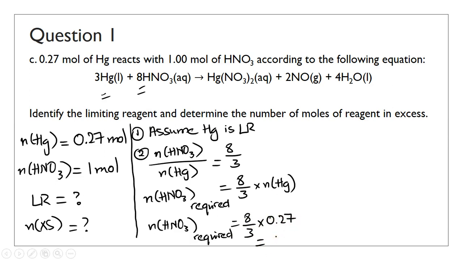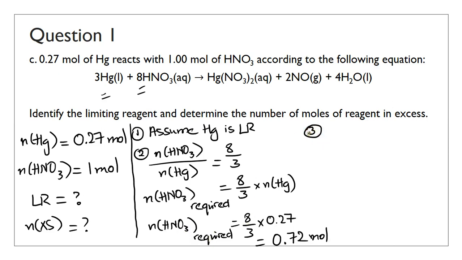Okay, moment of truth. So I get 0.72. I thought that it's actually not the substance in excess. So the number of mole of HNO3 required is 0.72 mole.